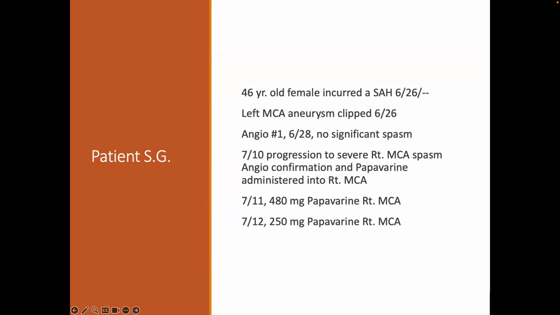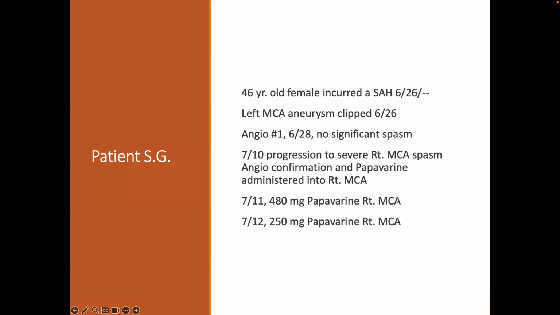The increased velocities went away after a few days, but on 7/10, about 14 days post-operatively, she had a vasospasm in the right MCA, and that one turned into a severe vasospasm. She declined pretty rapidly. They did an angiogram that confirmed the vasospasm.